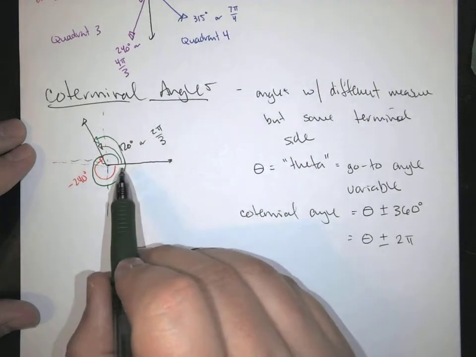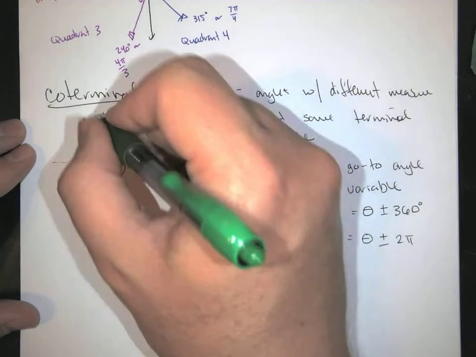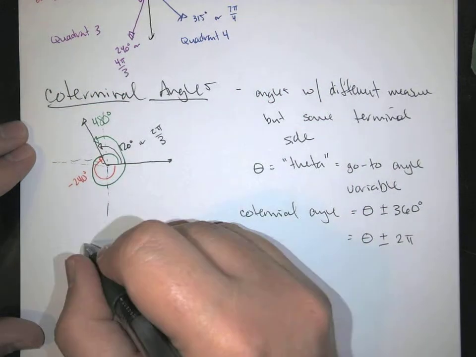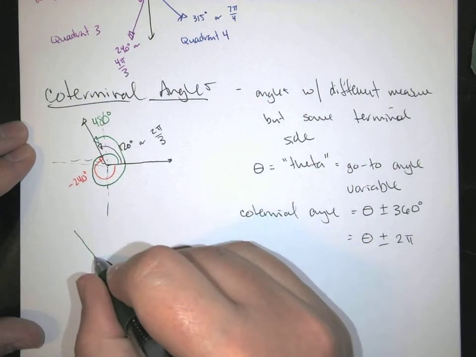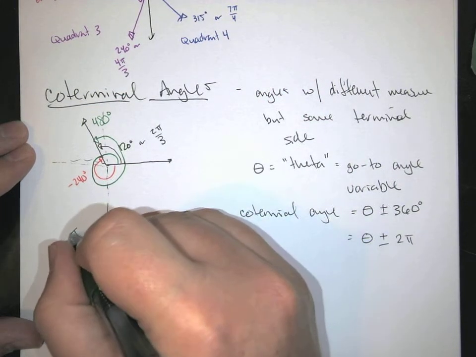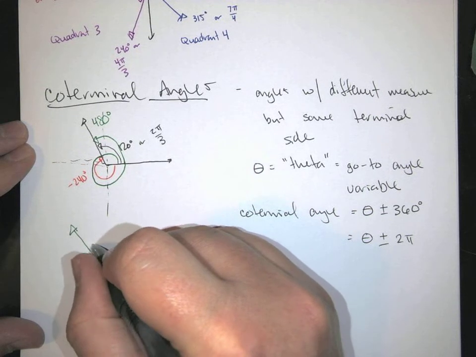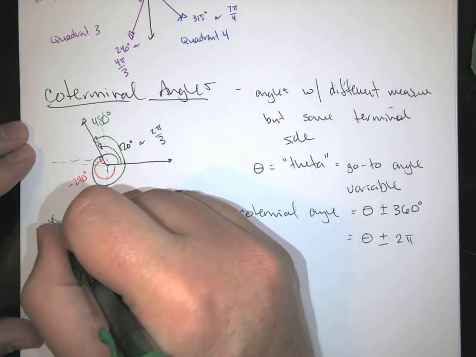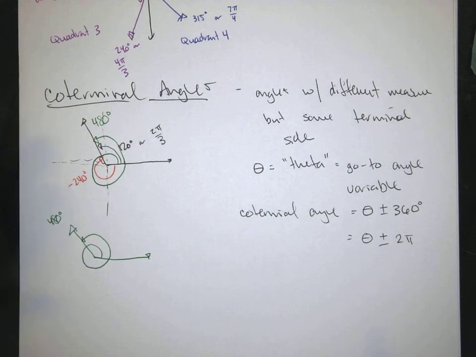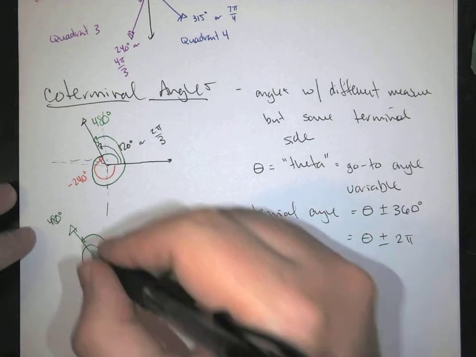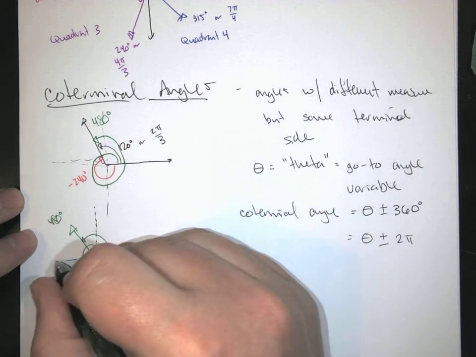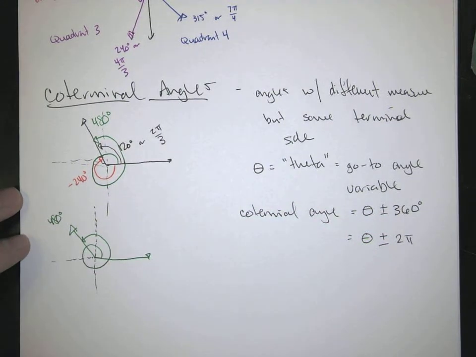So that would be a full 360 plus another 120. So my green version here would be 480 degrees. Just to separate this out a little bit, 480 is going all the way around, and then 120 extra. So it's 360 plus the original 120 to get us there.